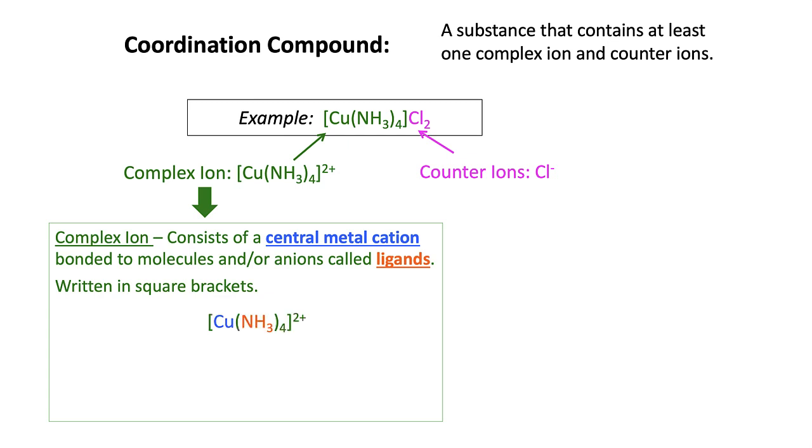So again, let's break down this complex ion a little bit. It is this one, right? Copper is the metal center, and we have 4 ammonias, and the overall charge is +2. What this means is that the central metal here has a charge of +2, an oxidation number rather of +2, because it's bonded to 4 ammonia ligands that don't have a charge.